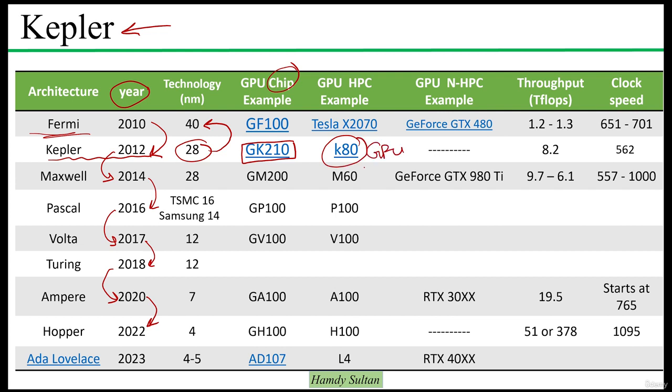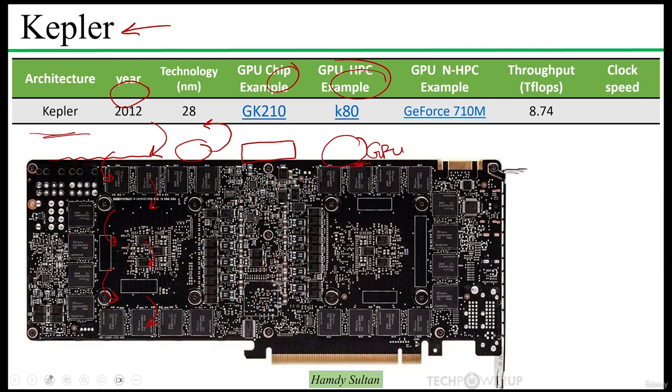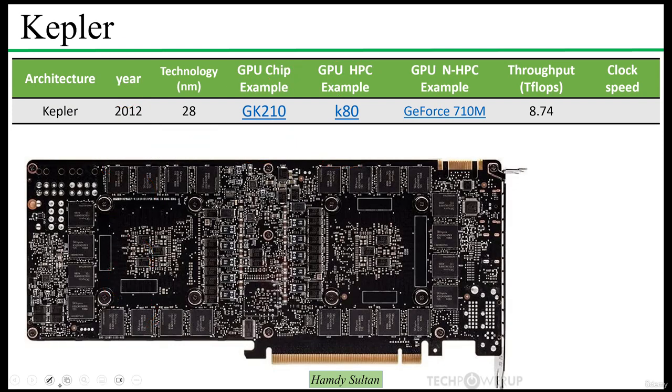This GPU is a high-performance computing GPU card. Surprisingly, the Tesla K80 GPU consists of 2 chips, not one. So, on a single board, two GK210 chips are used. With the 2 chips combined on a single board, the K80 GPU achieves a throughput of approximately 8.2 teraflops.